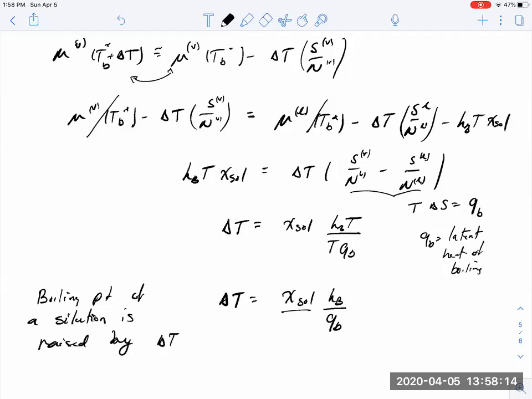So that's another example of a so-called colligative property, a property that doesn't depend on the identity of the solute, just how much it is, a consequence of changing the entropy of the system by adding some other component, which changes the number of spatial arrangements that the first component can adopt.